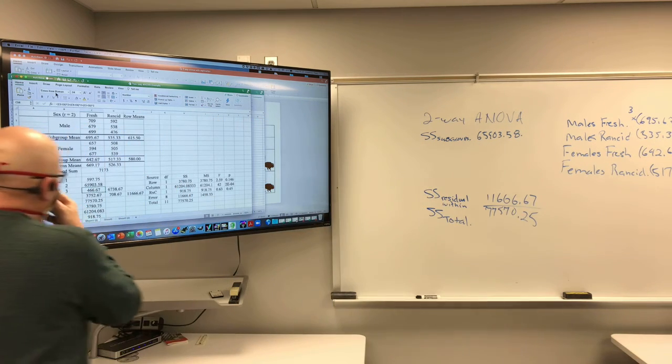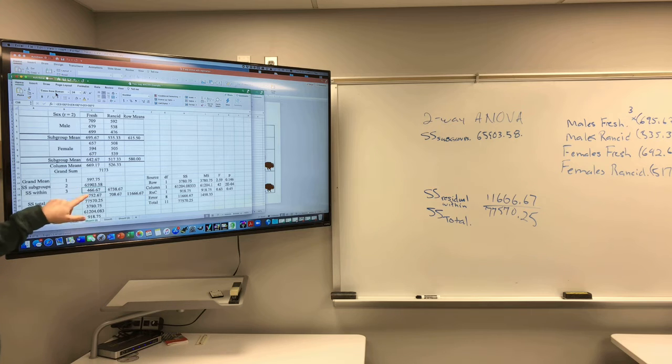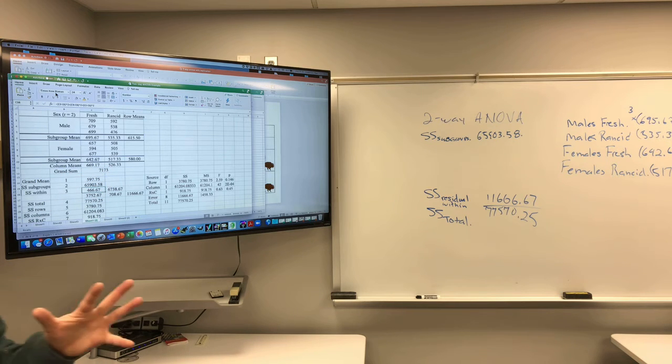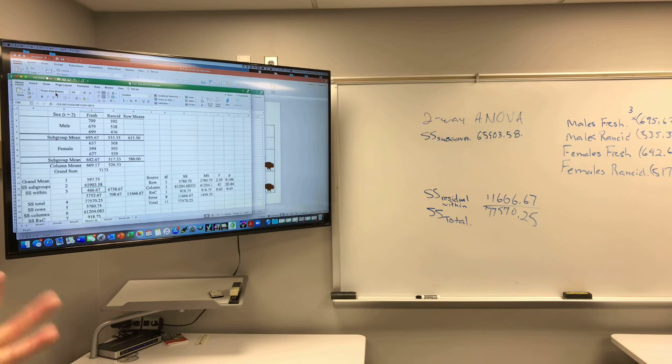So what that variation is basically saying is that this is how much variation there is. If you look at the overall grand mean, how far away from the grand mean is the male fresh mean? How far away is the male rancid mean? How far away is the female fresh mean? And how far away is the female rancid mean? So it's basically saying there's a total amount of variation in the data set that is due to the fact that you've divided the data set up into these different treatments.